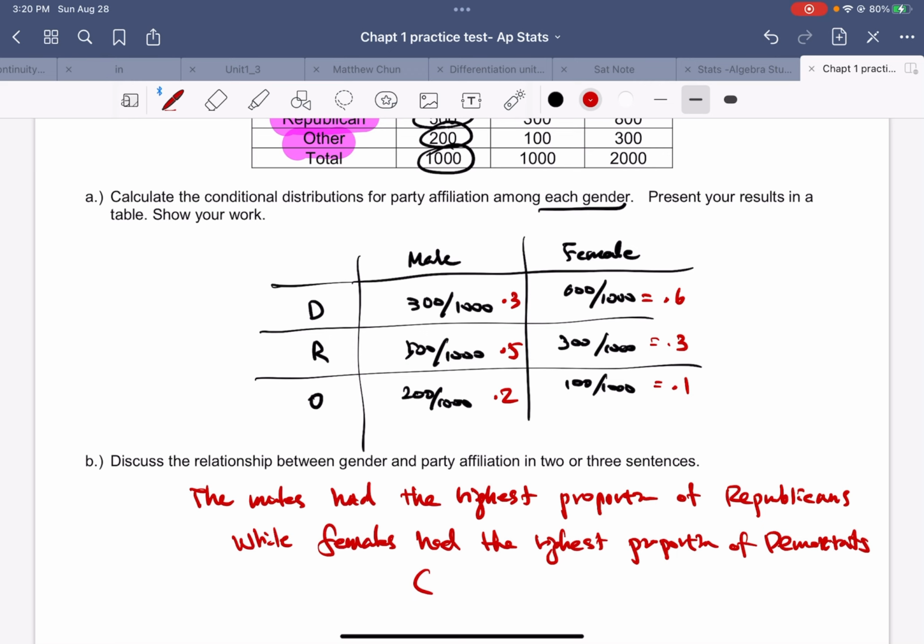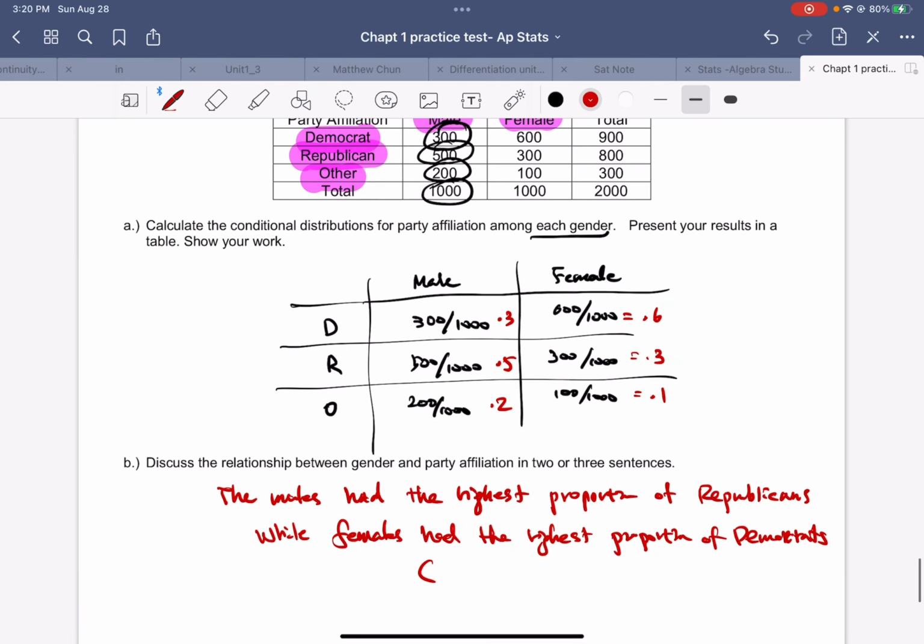Okay, so you can write the value itself. So the Republican proportion for male was 0.5 versus female Democrats of 0.6. So you can write the detail.